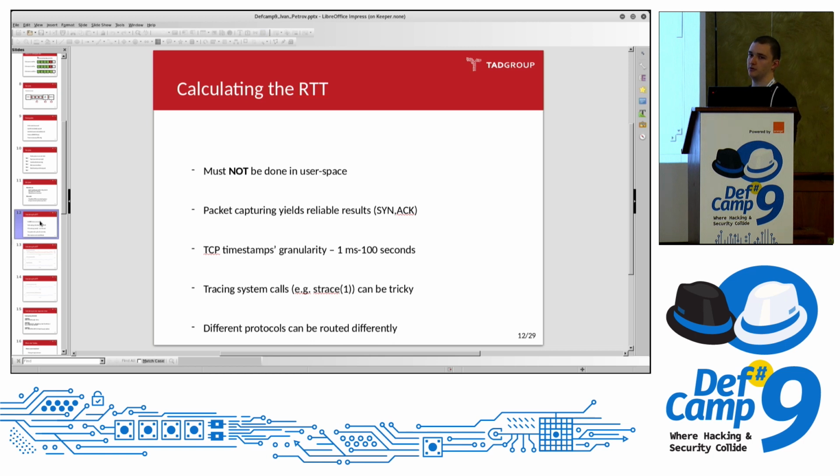For example, if you were attempting to guess the round-trip time using ping, ICMP traffic, you wouldn't be getting data as reliable as using the TCP stack. So we had to work with packet sniffing, and that was something that we had to automate as well. So packet capturing and then extracting information from it. And that's about round-trip time.